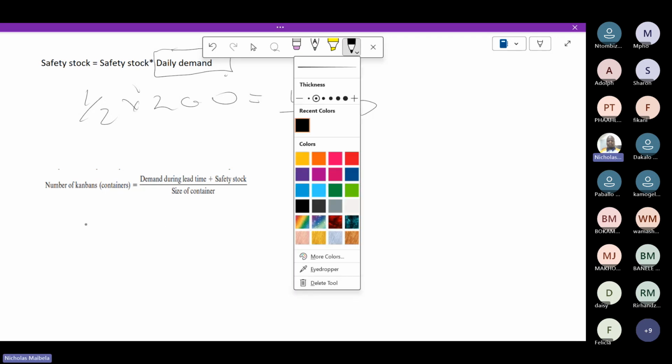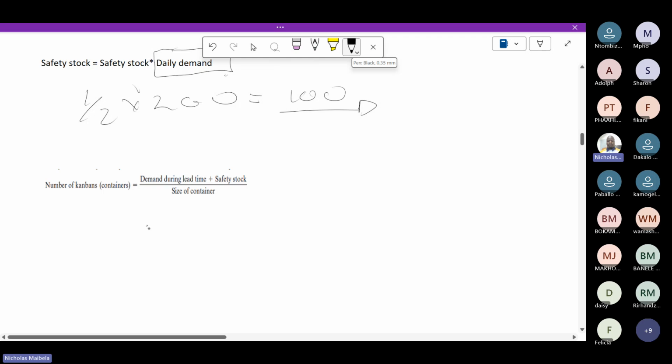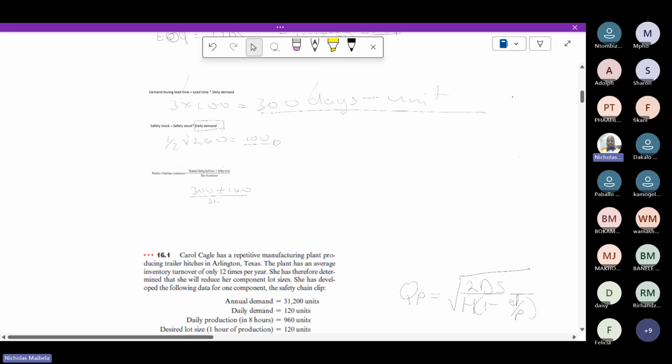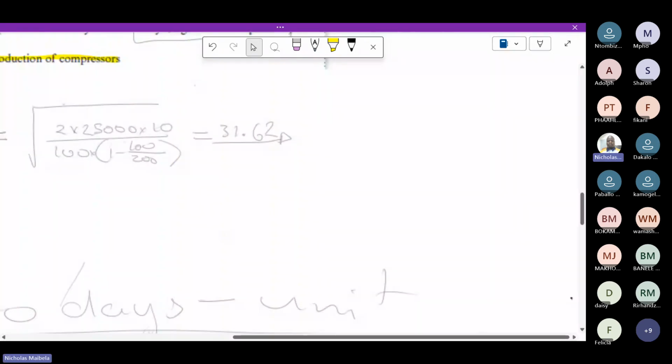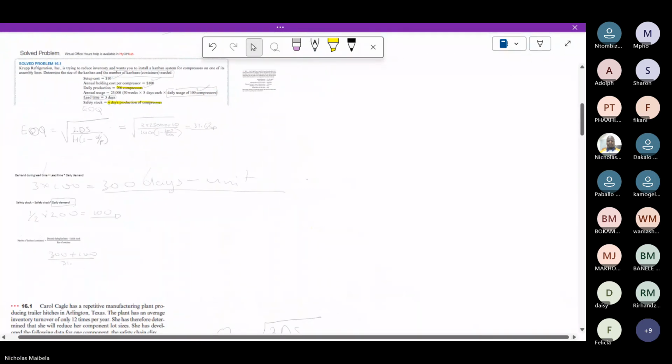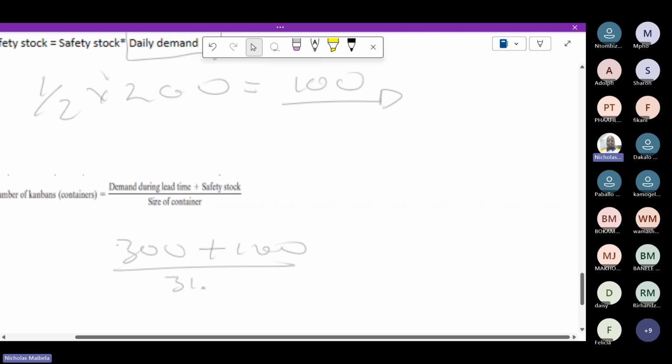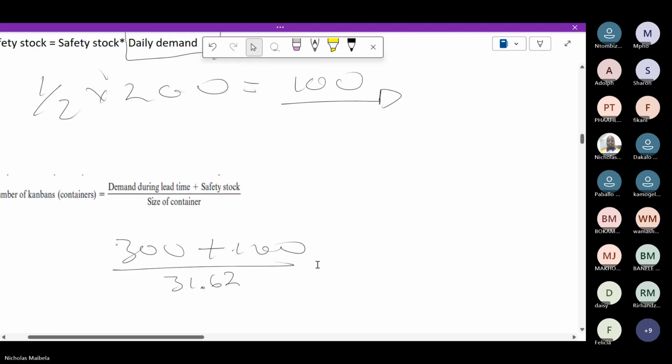Our EOQ, before we get into the EOQ, we want to say 300 plus 100 over 31.62, which equals the number of Kanbans. What is our number?